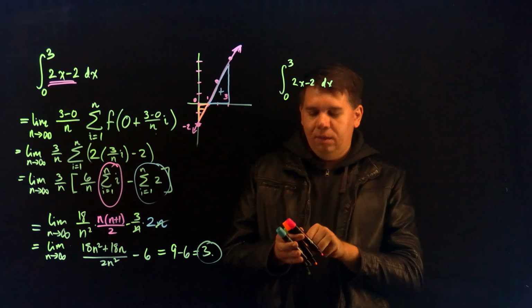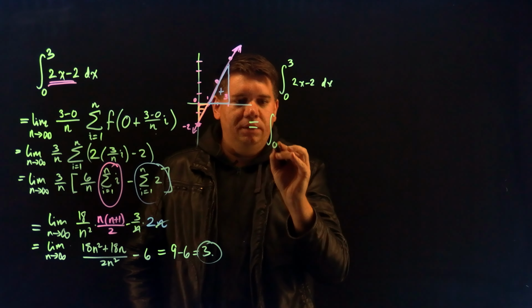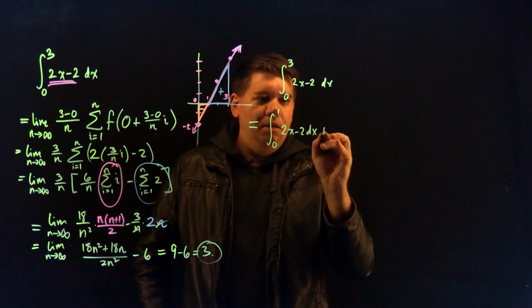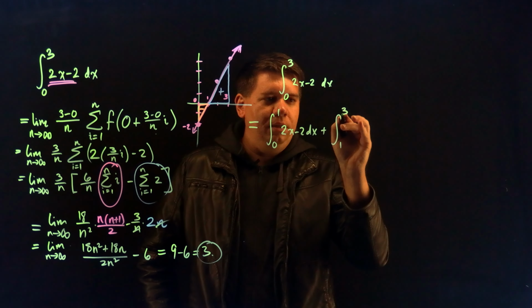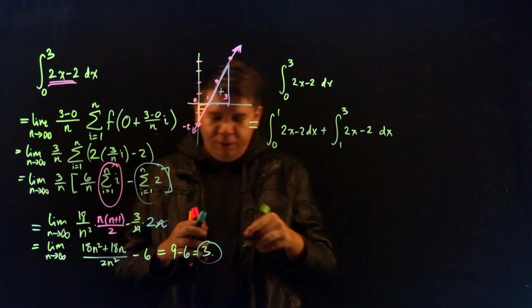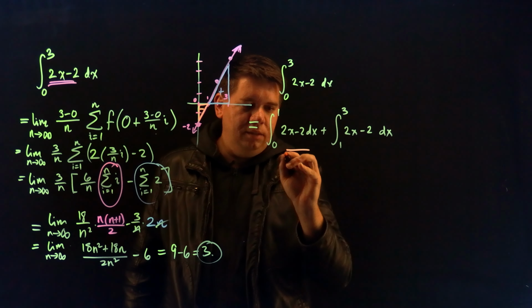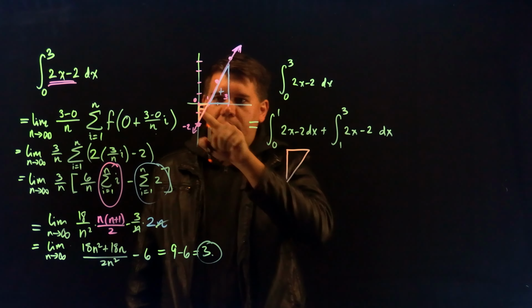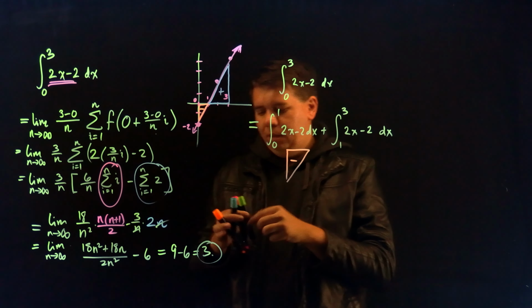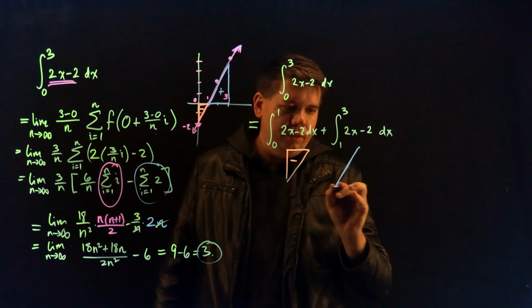So you can say this area from 0 to 3 is just the area from 0 to 1 plus the area from 1 to 3, where this area from 0 to 1 is this little negative area here, whereas the area from 1 to 3 is this positive area, the slice here, which is positive area.